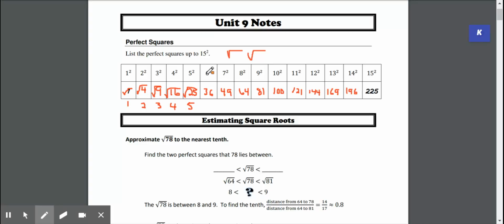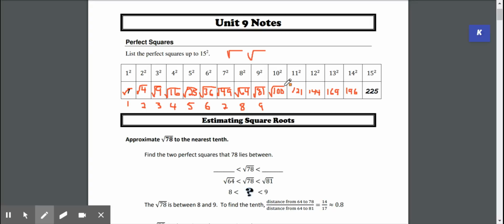So 6 squared would be 36. If 36 was my radicand, if I did the square root of 36, my answer would be 6. And you get the idea all the way out here. Square root of 49 is going to be 7. Square root of 64 will be 8. Square root of 81, 9.